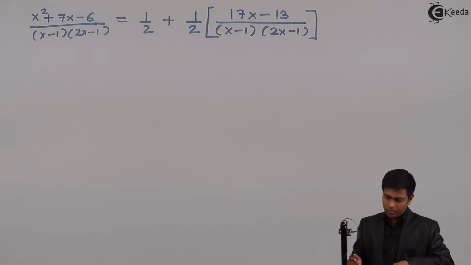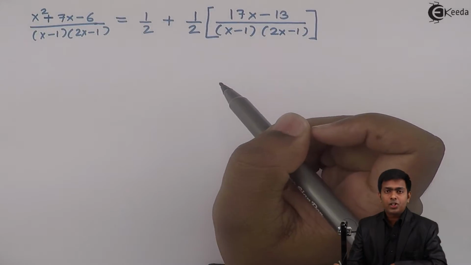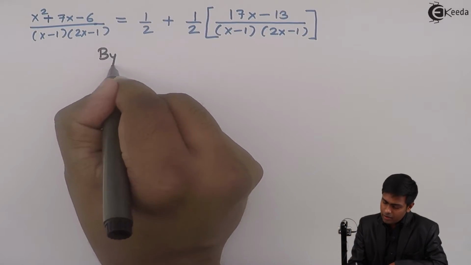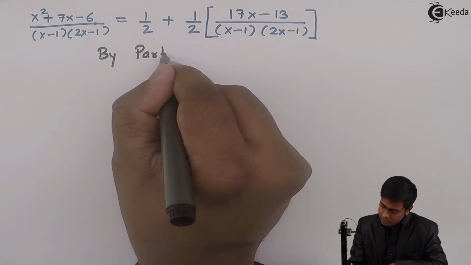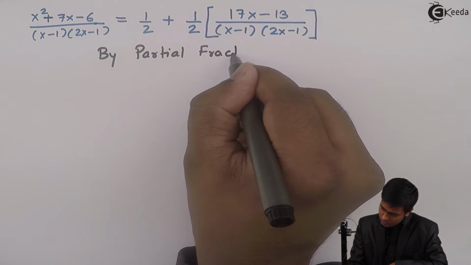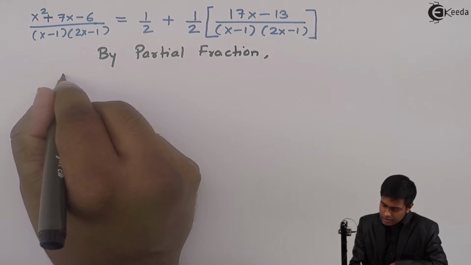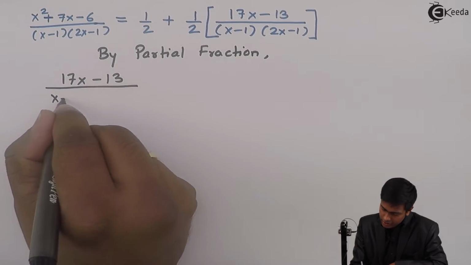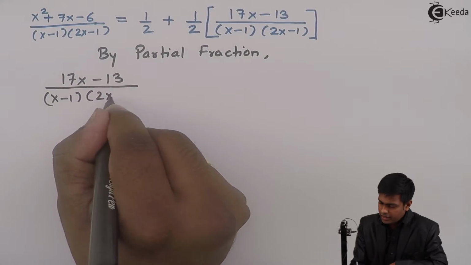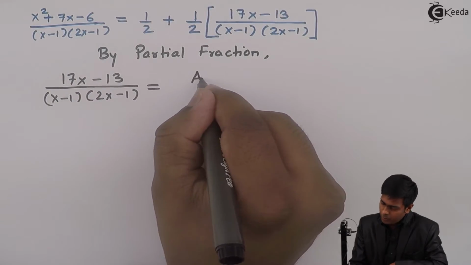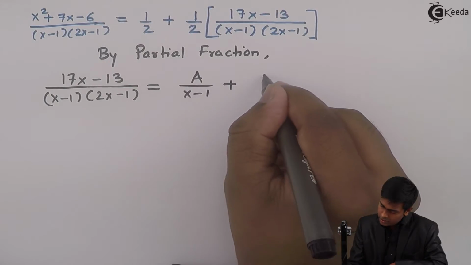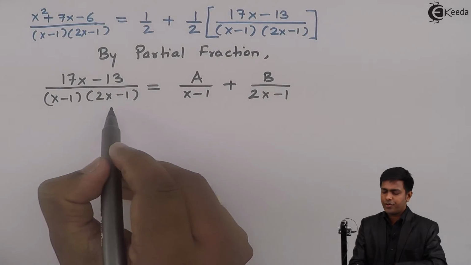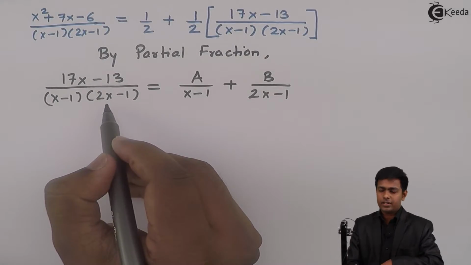Now we will perform the partial fraction for this bracket. So here I will say by partial fraction we will get 17x minus 13 upon x minus 1, 2x minus 1 as a upon x minus 1 plus b upon 2x minus 1, because x minus 1 and 2x minus 1 both are linear factors.